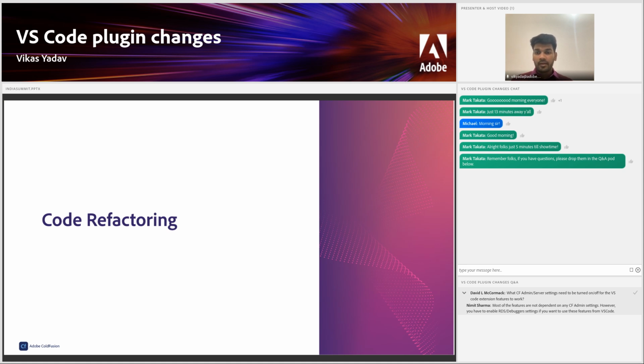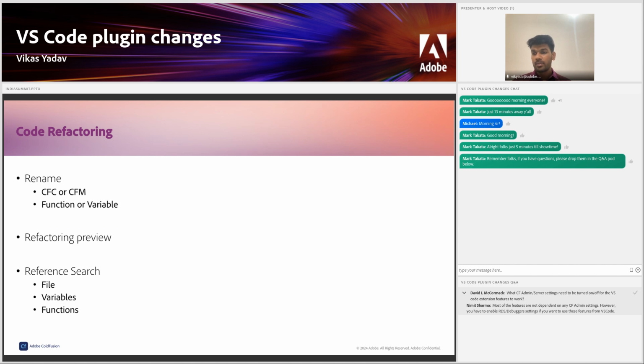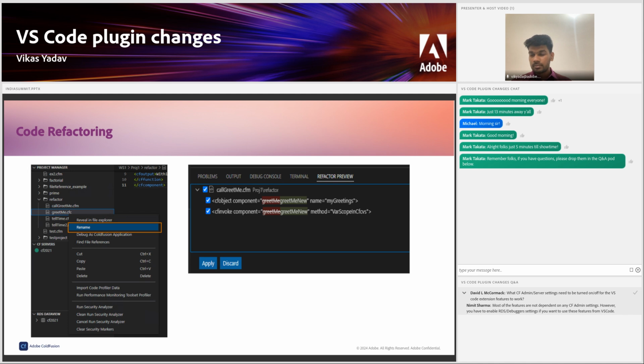Then comes code refactoring. Code refactoring is the process of restructuring the code to a simple and clean design. This is for readability, maintainability, and reusability. As of now, the scope is limited to renaming a CFC or CFM and a function or variable. When you select a file in the project manager, you can do a rename.